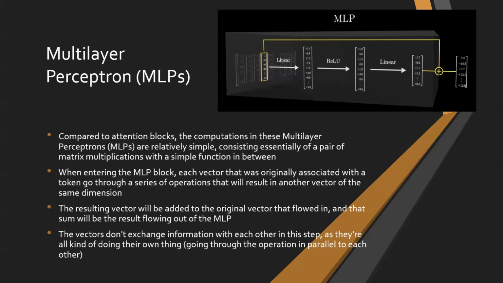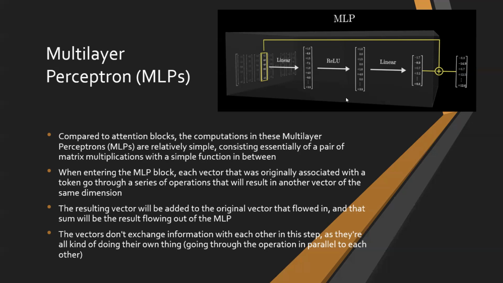Now, the multi-layer perceptrons, or MLPs, are entirely different when you compare them to the attention blocks. The computation in these MLPs is relatively simple, consisting essentially of a pair of matrix multiplications with a simple function in between.